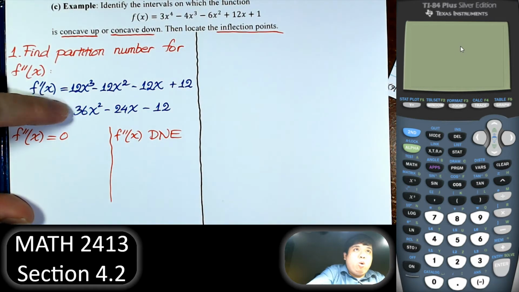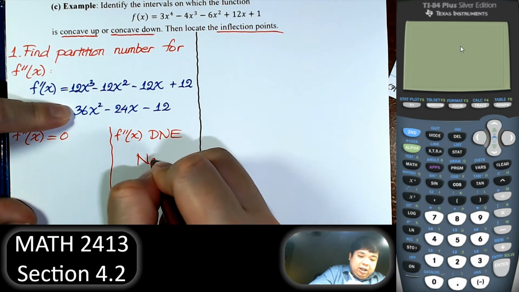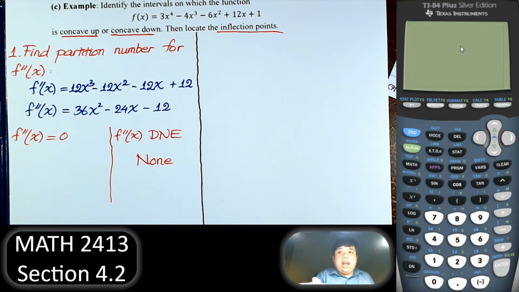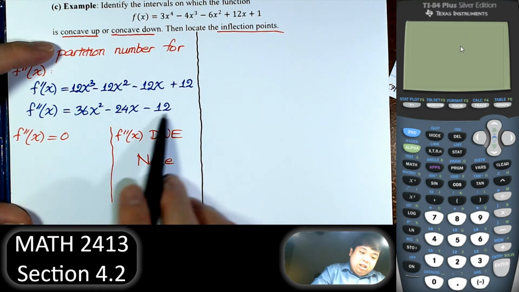Since this is a polynomial, we're not going to have any points where it does not exist, because it is continuous and defined everywhere. So we just need it equal to 0.